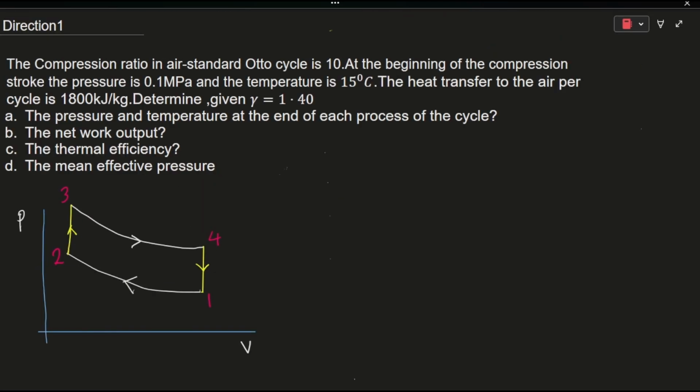Our pressure and temperature at the beginning of the compression have been given. So T1, we convert it to Kelvin by adding 273. Our P1 is the same as 100 kilopascal.